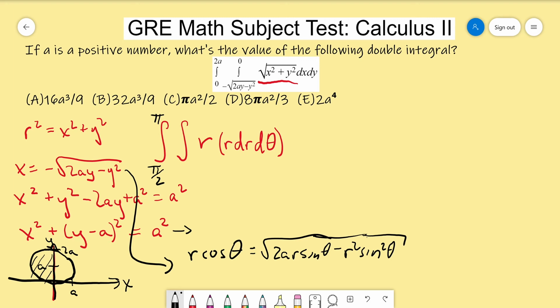Well, we want to solve this for r in terms of theta. So if we square both sides, we get r squared cosine squared theta, and I'm going to bring the r squared sine squared theta over.